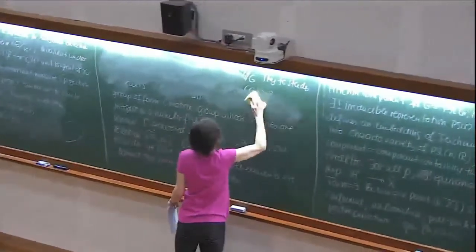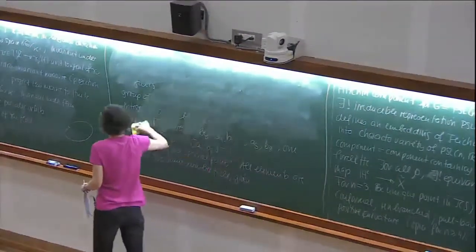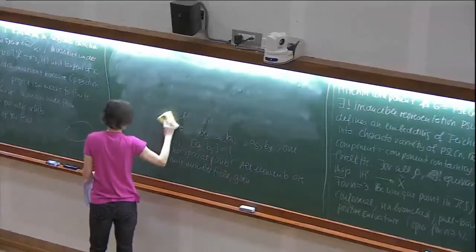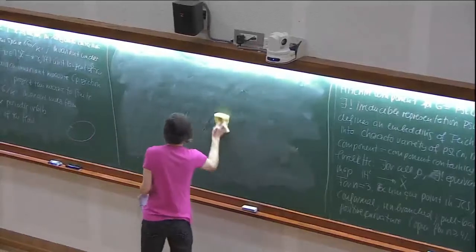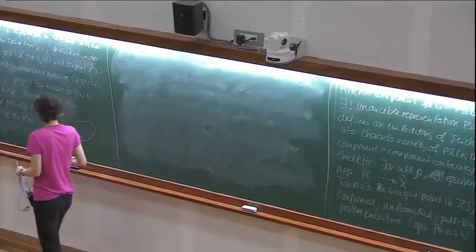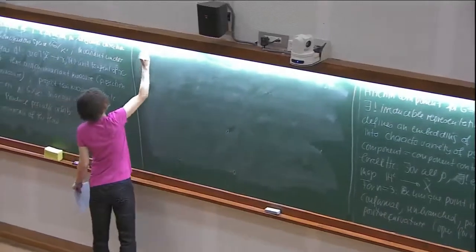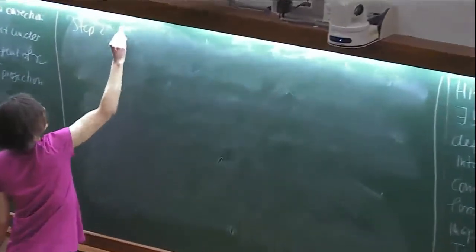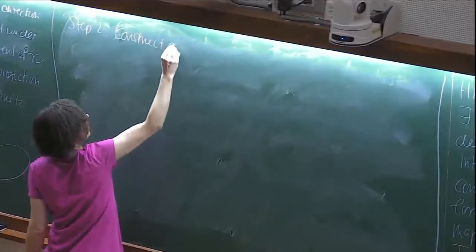Now you want to soup it up. So you produce this way periodic orbits that are controlled, so you can control the length. You want to soup it up to produce almost hyperbolic pairs of pants. So step 2, construct almost hyperbolic pairs of pants.